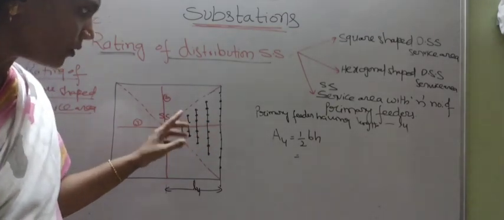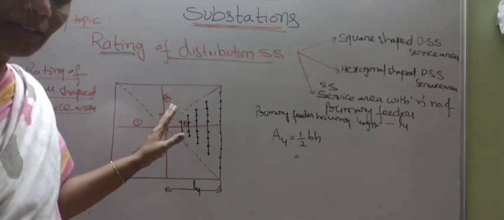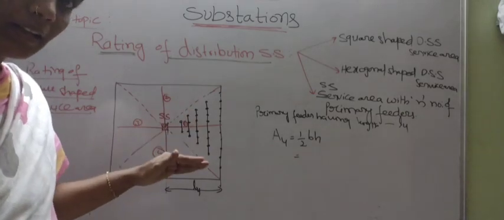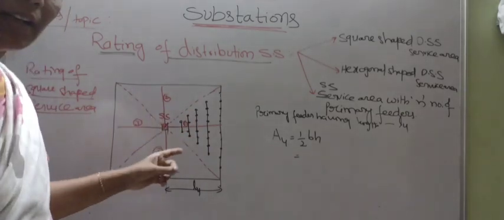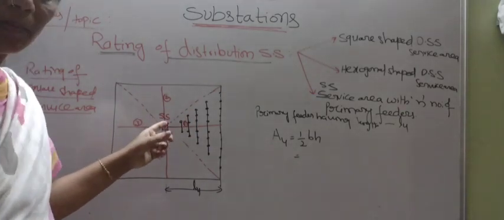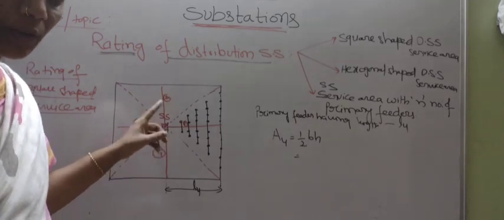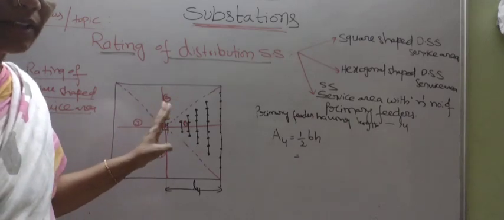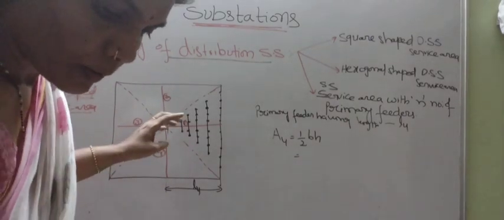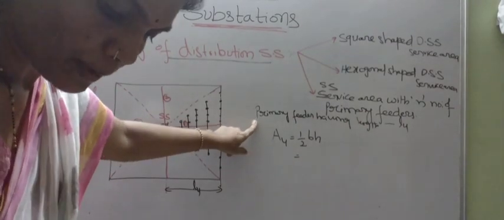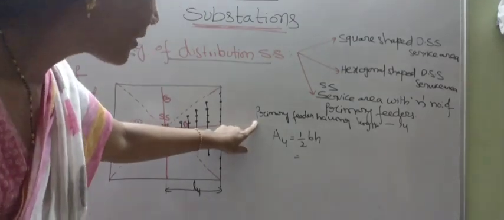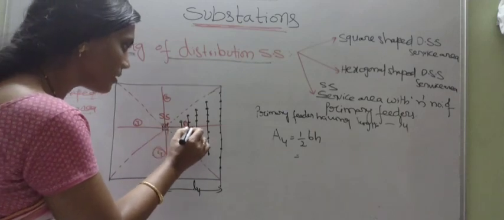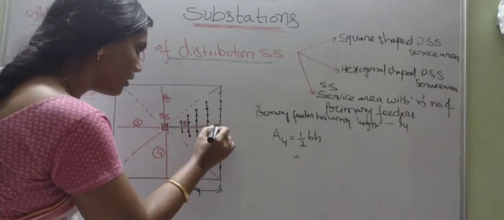First we calculate the area served by one feeder of the square shaped area, and then calculate for the total feeders from the substation, that is 4 feeders. Let us assume the primary feeder has a length from the substation, this is the feeder.